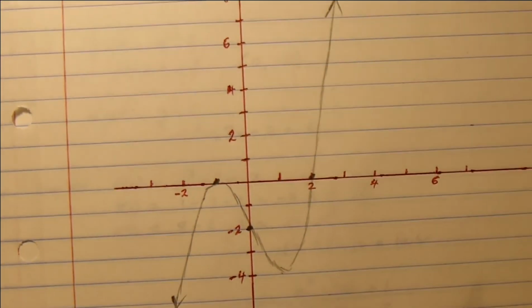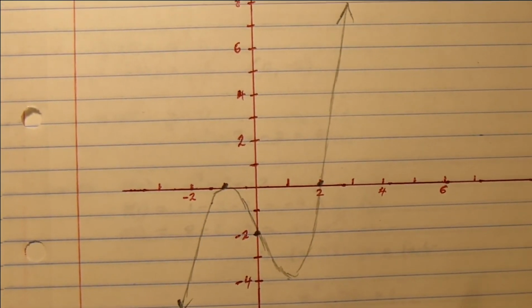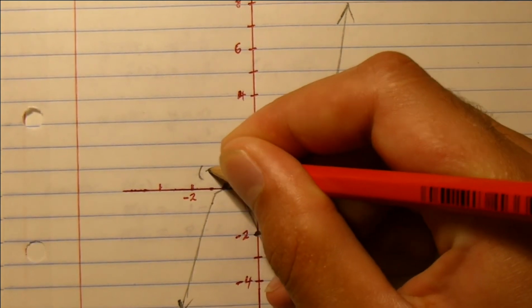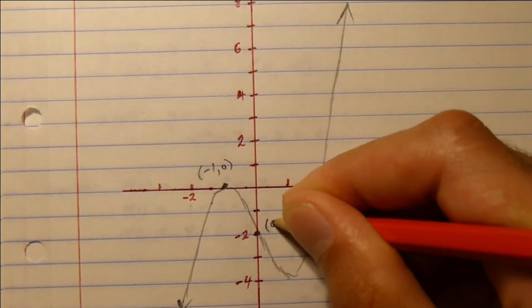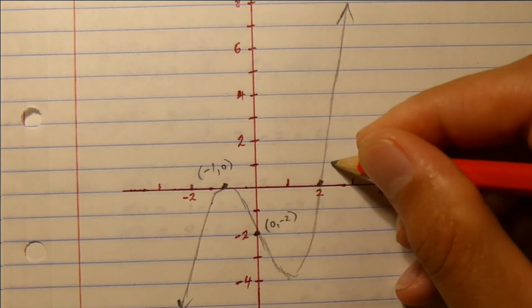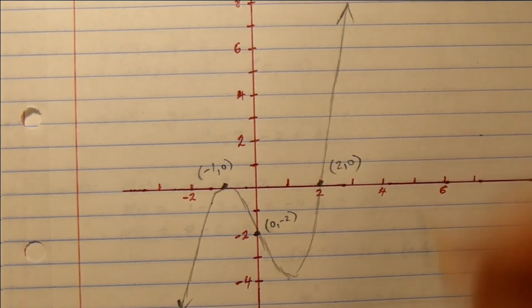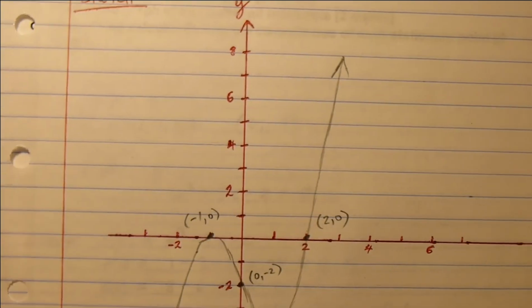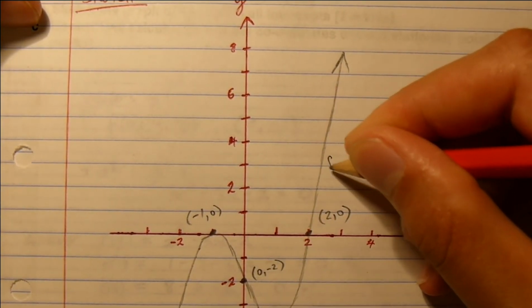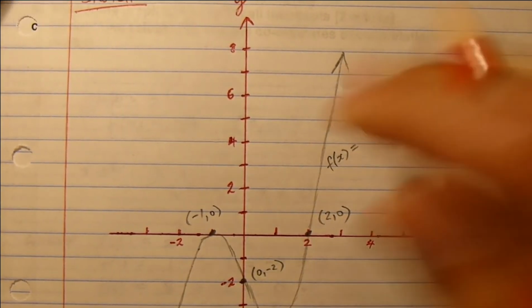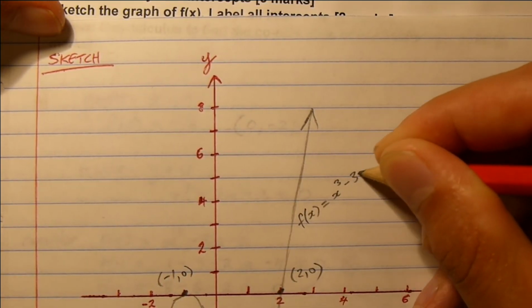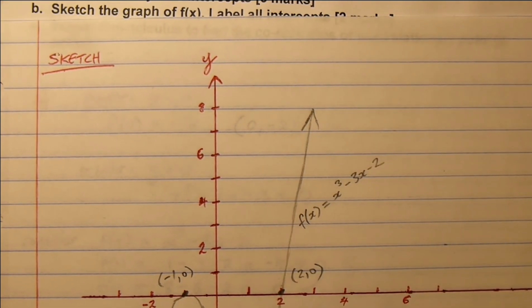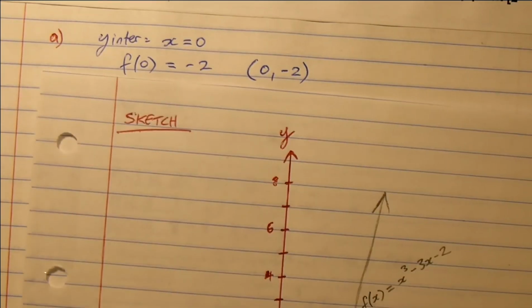Okay, so that's the cubic, and then I just make sure that I label negative 1, 0, 0, negative 2, and 2, 0. And I just finish off by writing the equation f of x is equal to x cubed minus 3x minus 2. Okay, so that's part B.